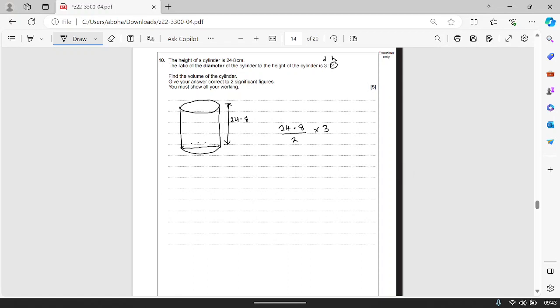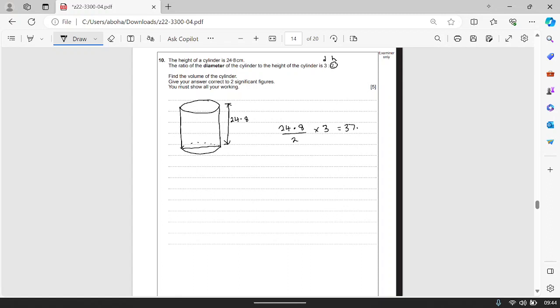The reason we do this is by dividing by 2, because we know there's 2 parts, you work out what one part is. Then we can multiply by 3 to work out what the diameter of the cylinder is going to be. So 24.8, that's going to be 12.4 times 3, which is going to be 37.2.